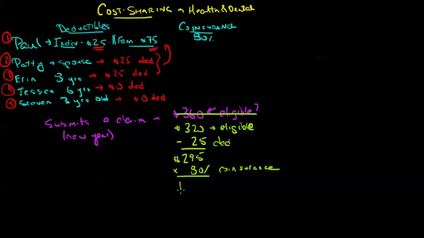And we can see then that the insurer will cover 80% of $295, which is $236. That will be the eligible claim. That is the amount of reimbursement that Paul will receive for that $320 expense.